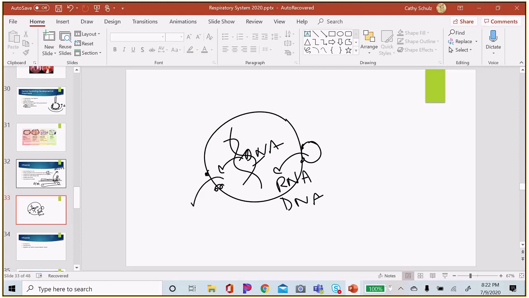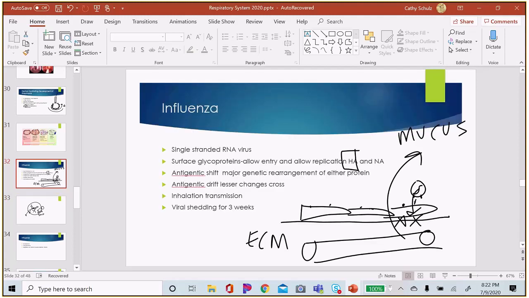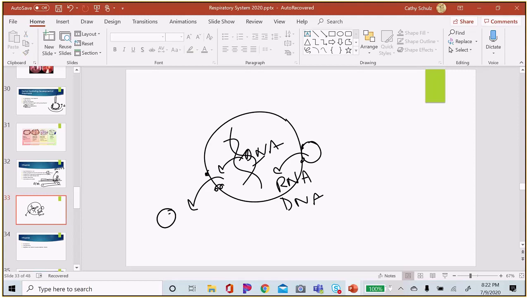And then we need to be able to get out. So there's a different protein, which is the NA instead of the HA protein, that allows the new virus to bud off and come out. So this is our HA protein, and this is our NA protein. And it's variations in these proteins that gives us our different strains of influenza.